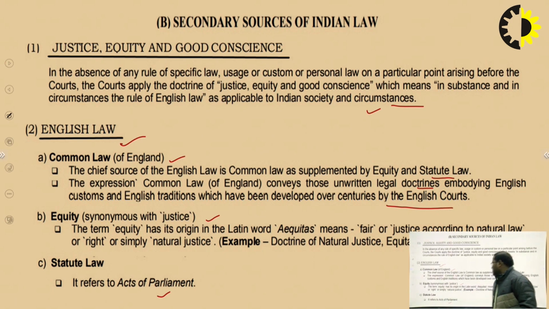Equity: the term equity has its origin in the Latin word aequitas, that means fair or justice according to natural law, or right, simply natural justice. Doctrine of natural justice, equitable set off. And as I already told, statutory law refers to Acts of Parliament.